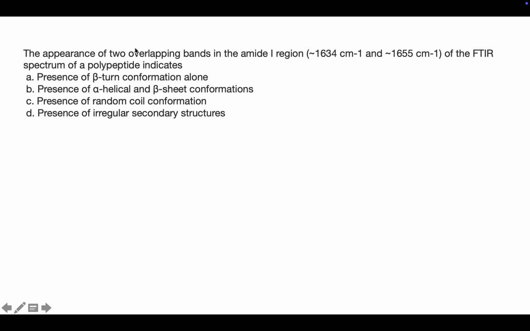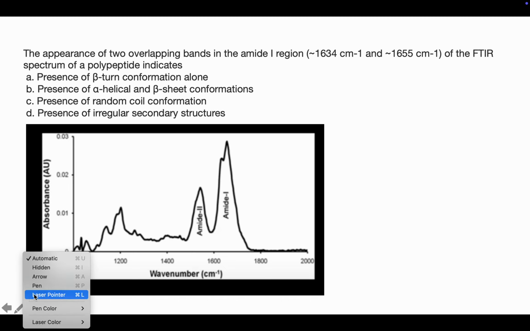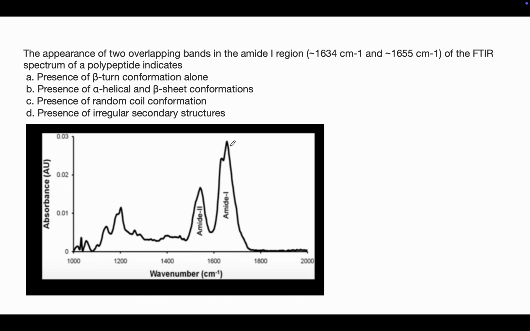The appearance of two overlapping bands in the amide 1 region at 1634 and 1655 in infrared spectrum of polypeptide indicates. So this band here. These are the two overlapping bands here.